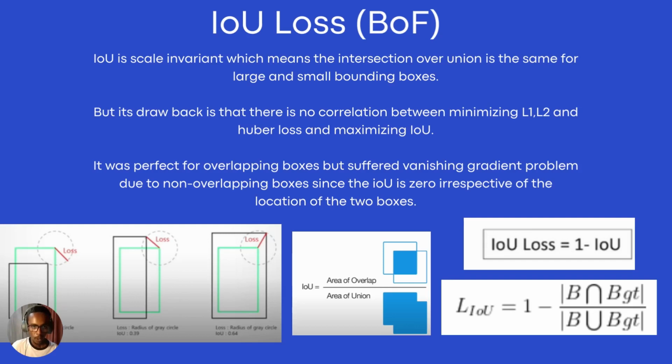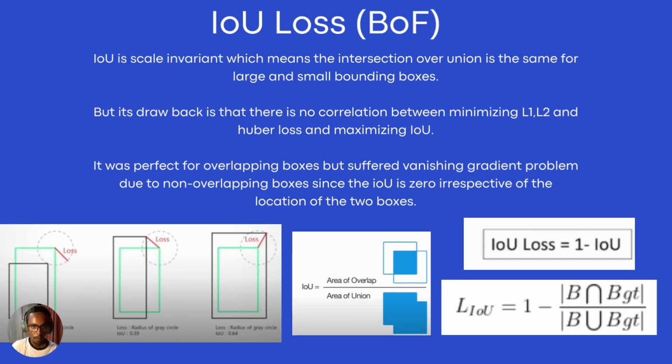So what makes IOU loss different from the normal IOU is that the IOU loss is computed by subtracting the IOU from 1, and it's given by the formula 1 minus the intersection between the predicted and ground truth bounding box divided by the union between the two boxes.